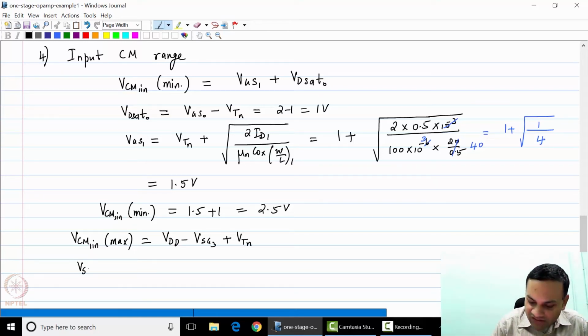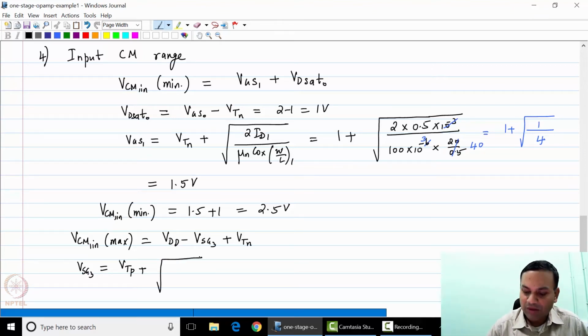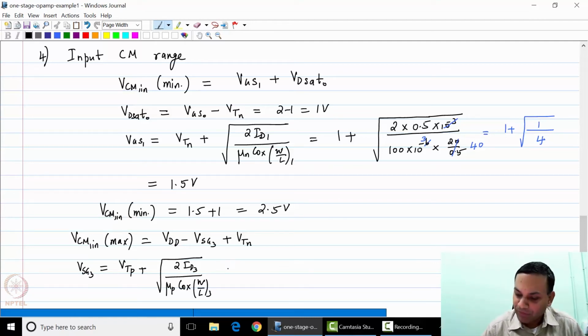Now let us calculate what VSG3 is. VSG3 is VTP plus root of 2ID3 over mu P Cox of W over L3.